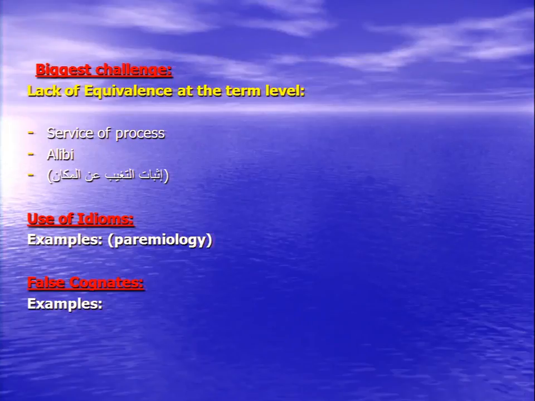This is the word we came up with in Arabic: إثبات التغيب عن المكان, proving the absence from the place. That's not an Arabic word for it. Imagine the guy asking, did you have an alibi on that date? هل أثبت التغيب عن المكان في هذا التاريخ يعني?